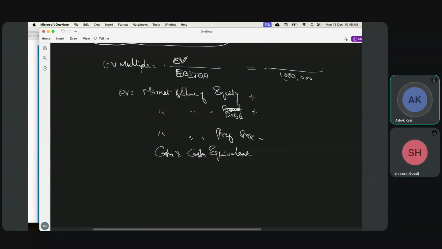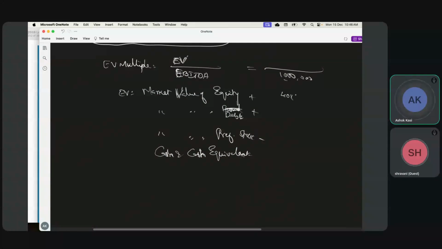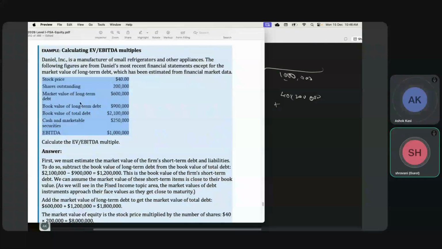Now EV. Market value of equity will be 40 into 200, that is 200,000. Then market debt. See here they have given the long-term debt's market value, but the short-term debt's market value is not given.